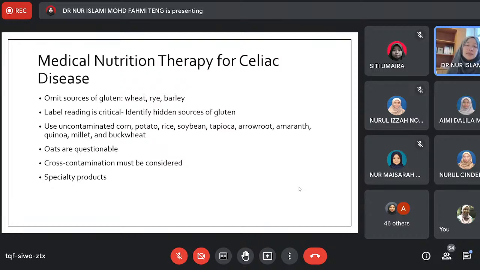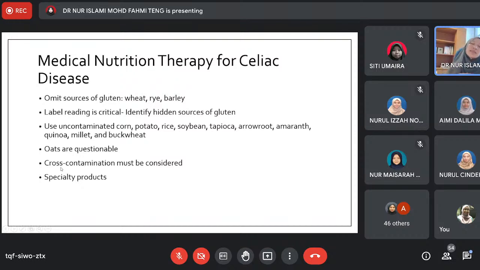So when you go back, students can make a list of gluten-free diet foods, because celiac disease patients cannot consume gluten. For oats, it is questionable whether they can be consumed by patients with celiac disease or not. You must also consider cross contamination.